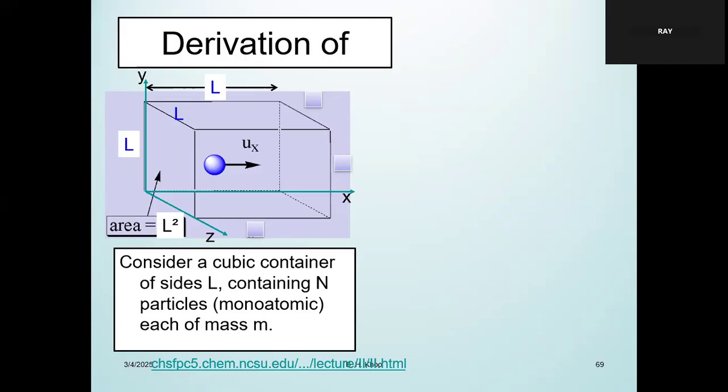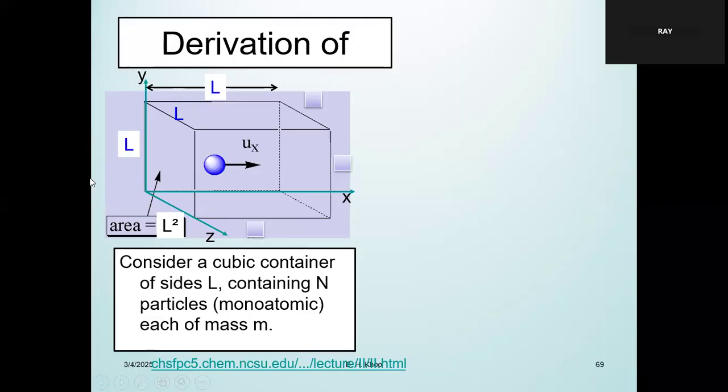Then using Newton's third law, the force on the particle is equal and opposite to the force on the wall. That's action and reaction forces. Okay, let us start. We simplify it. In physics, we try to have our theory as simple as possible. Then if it works, it's good enough.